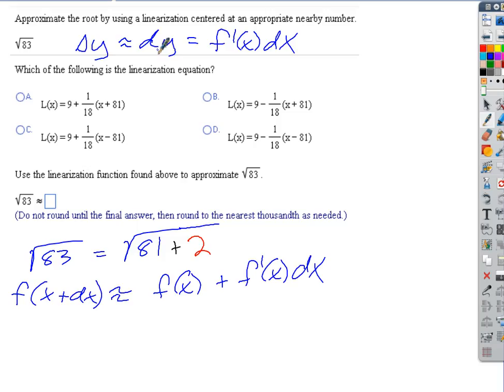So then if our function in this case is, we're looking at a square root function, aren't we? Right? F of x is the square root of x. So if f of x equals x to the 1/2, f prime of x equals 1/2 x to the minus 1/2, right? Which is nothing more than 1 over 2 times the square root of x. Right? And so if we evaluate this thing at x equals 81, right?